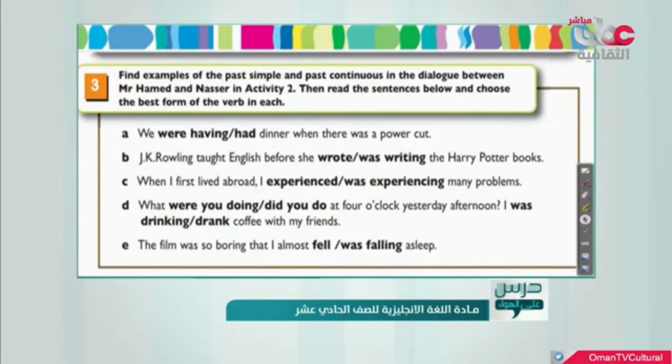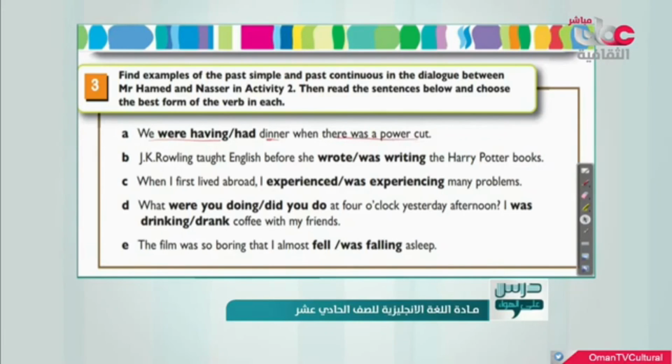Look at task number 3 of page 21 of your course book, and let us choose the correct answer according to the meaning of the sentences. A. We were having or had dinner when there was a power cut. It is clear that we have two actions, having dinner, and when there was a power cut.